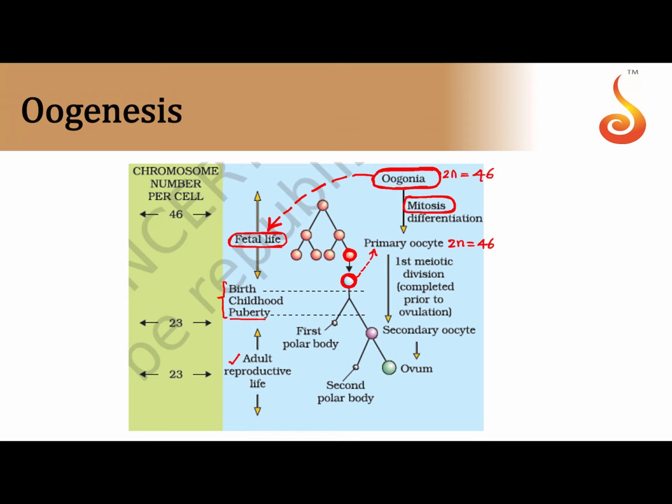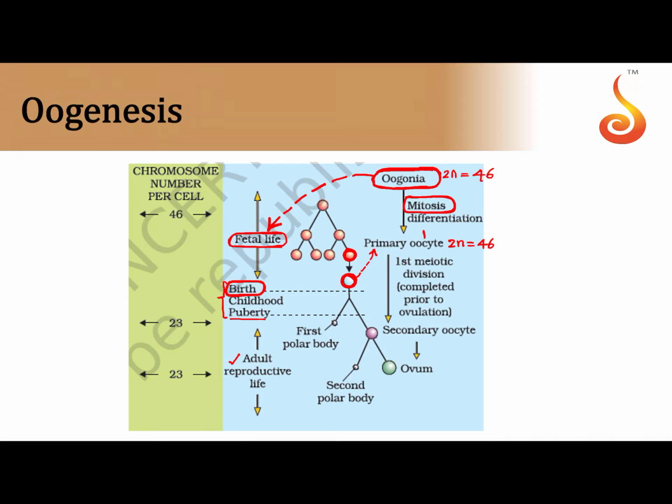So what can you see in the ovary at the time of birth? At the time of birth, you will see primary oocytes. All the oogonial cells which were a product of mitosis have decided to exit mitosis and to differentiate into these cells which are referred to as the primary oocytes.